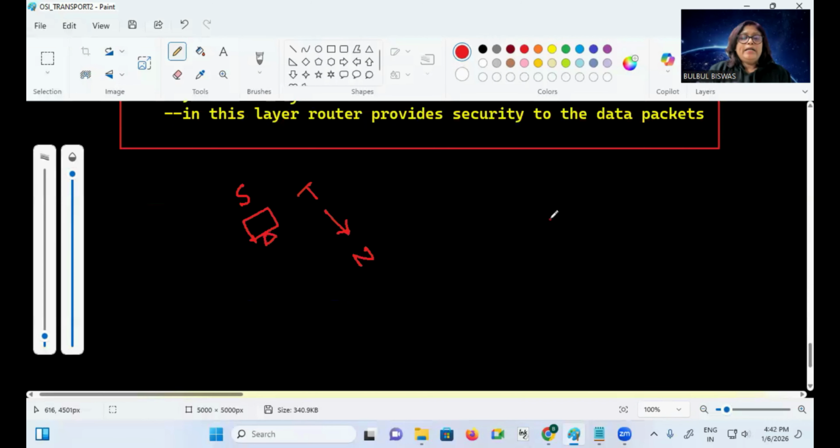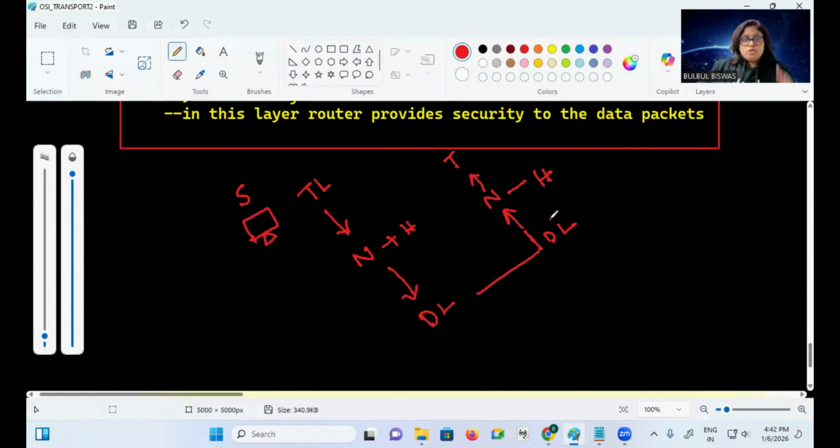Now the network layer adds its own header and passes that data packet to the data link layer. And at the receiving end, the data link layer sends the data to the network layer. That means the network layer receives the data from the data link layer, removes the header and passes the data to the transport layer. Clear? So at the sending end, the network layer gets the data from the transport layer, adds the header, and passes it to the data link layer. At the receiving end, the network layer gets the data from the data link layer, detaches the header and passes it to the transport layer.